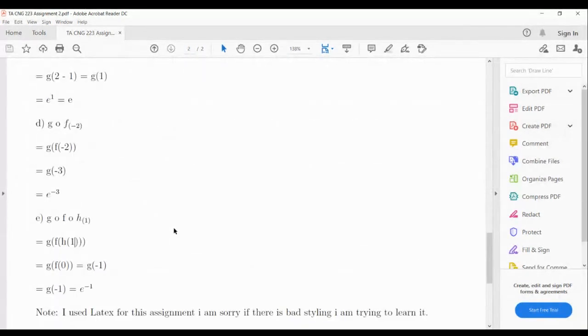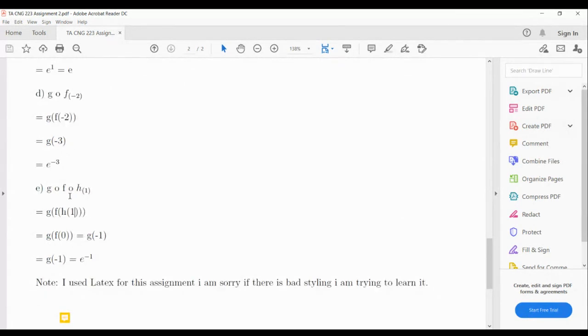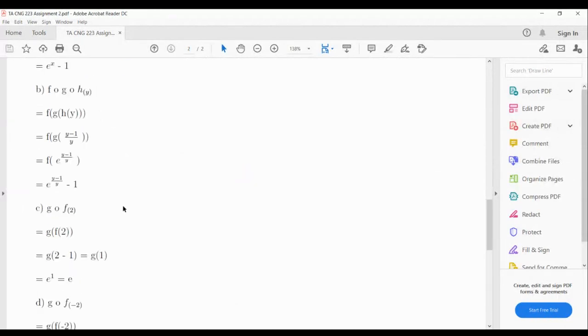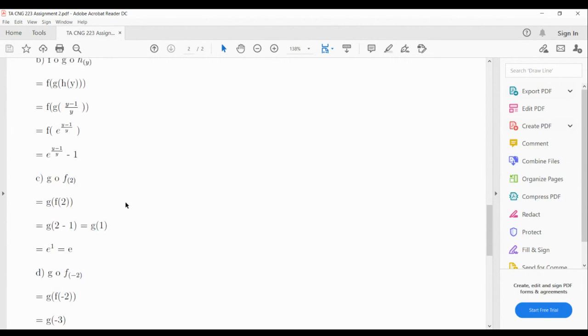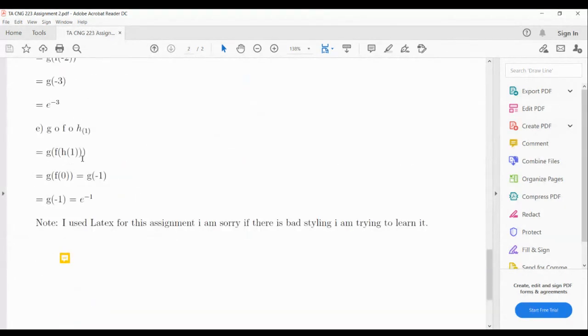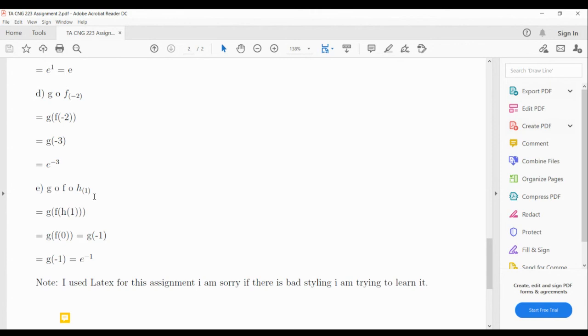Then insert it inside f. So f always decreases that variable's value by one. So it will be minus 1. And finally, when you insert it inside the g, oh, sorry, let me see again. Yes, true. Minus 1. And then at the end, you raise e to the power of that one, and you will see e^(minus 1).